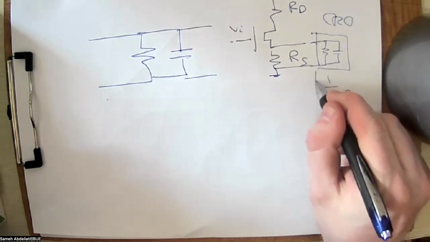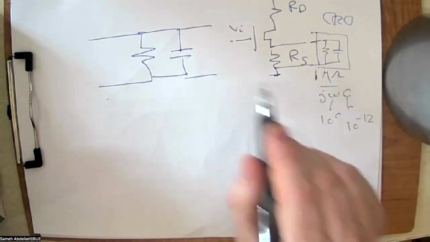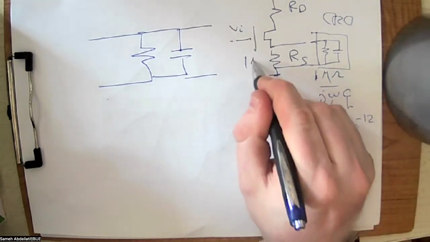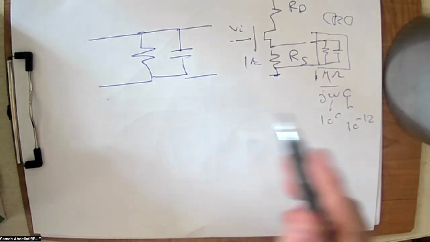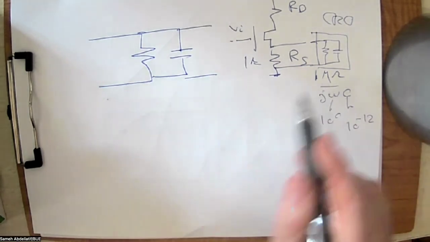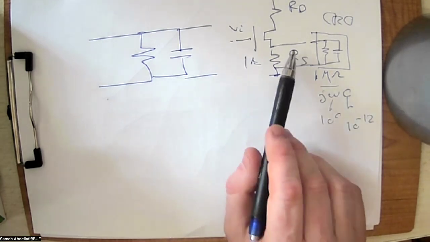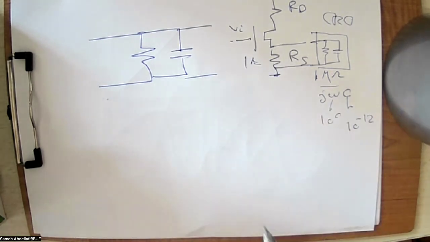So it's 1 mega ohm, I'm sorry. So if this RS, for example, is 1K, you can simply ignore it. So it's 1K to 1 mega, 3 orders of magnitude higher, so you can ignore it. But if your RS resistance is in the mega ohm range, you cannot ignore it. So this is the first effect, which is the loading effect.